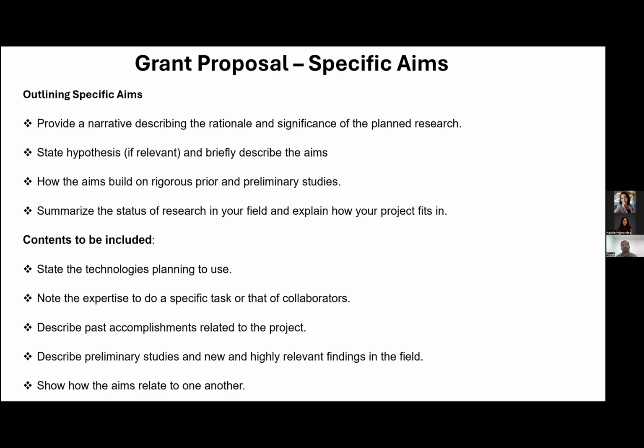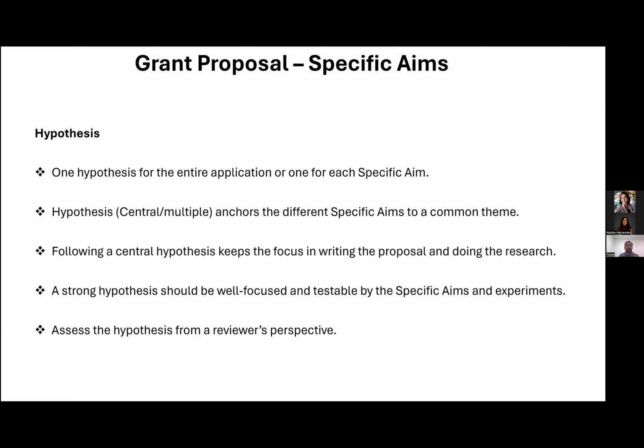Otherwise reviewers will think, if aim 1 fails, the entire project fails. So don't give the impression that if aim 1 fails, through aim 2 we can achieve whatever we intended to achieve in aim 1. That is again very critical.